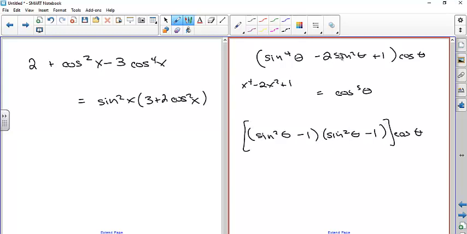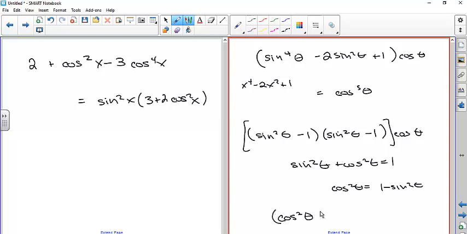So all we're doing there is factoring. We're not using any identity. And then you can use the Pythagorean identity: sine squared theta plus cosine squared theta equals 1. Or if we solve for it, cosine squared theta is 1 minus sine squared theta. So for each one of those, I can put in the cosine squared.